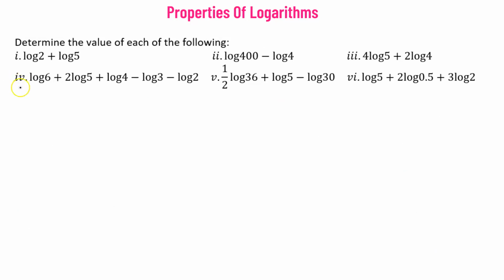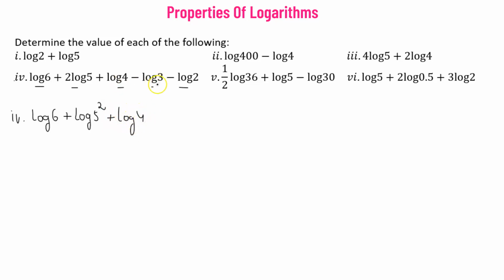Problem number 4. Here we have 5 terms. Let's tackle them one by one. We will begin with log of 6 plus 2 times log of 5, so this will be log of 5 squared, plus log of 4.